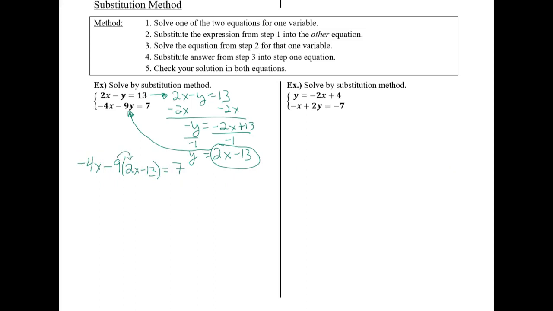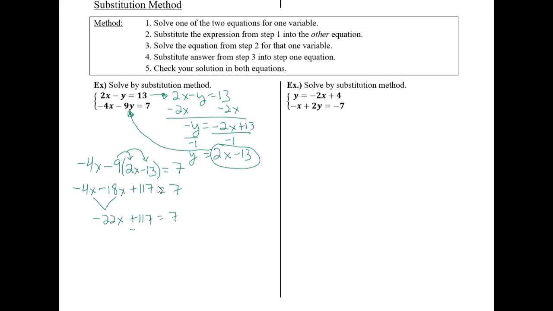I'm going to distribute that 9, so -4x, and I have a -9 times 2x will be -18x. -9 times a -13 will be positive 117, because I had two negatives there, still equal to 7. I'll combine my like terms. -4x minus 18x would be -22x.